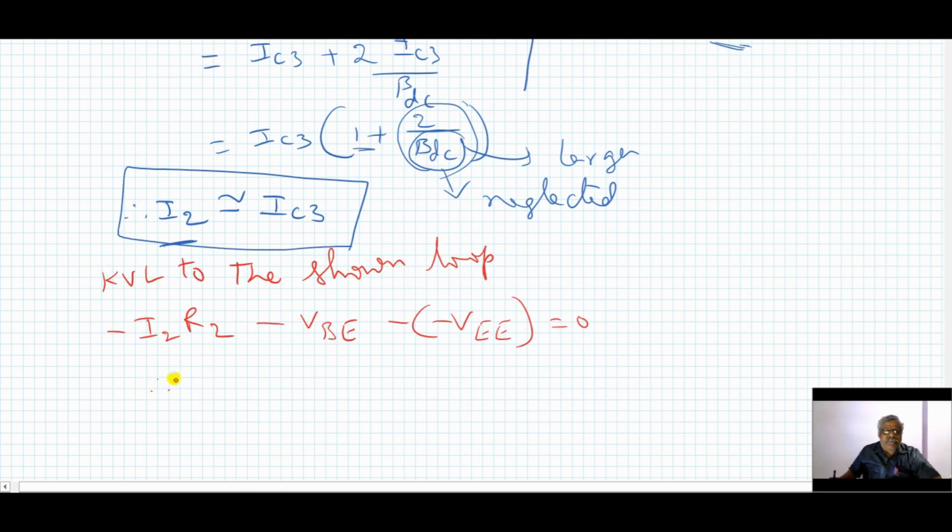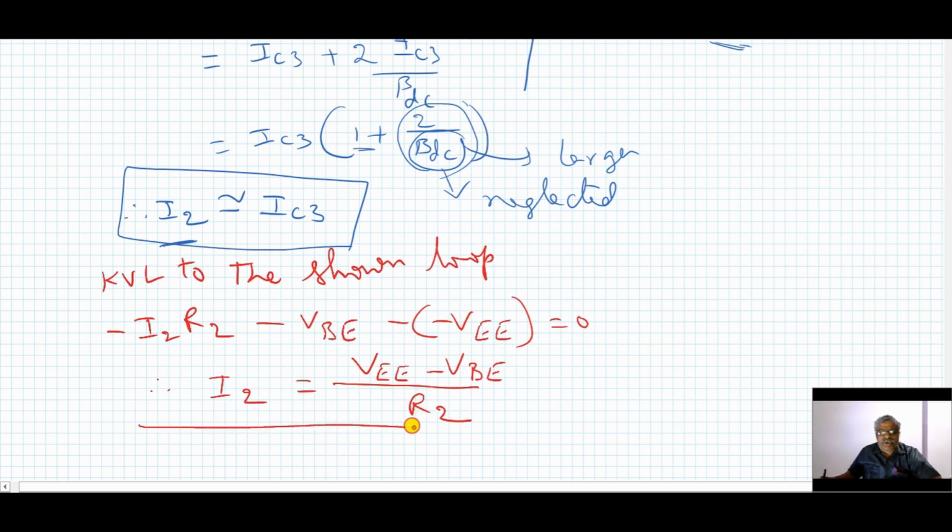So therefore I2 is equal to how much? If you send the I2 term to that side it becomes plus, and this is plus VEE minus VBE. So I2 is equal to VEE minus VBE divided by R2.